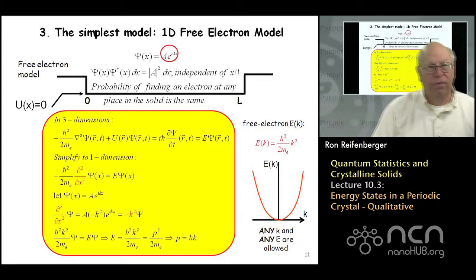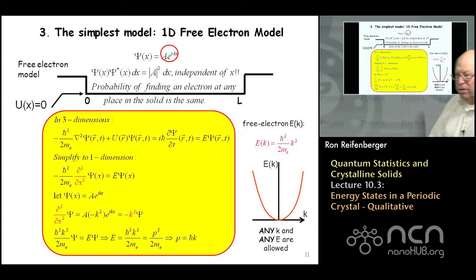The virtue of the free electron approximation, or the free electron model, is indicated in this slide. The arithmetic is pretty easy to work through. You write down a free electron wave function which contains this e to the ikx. You immediately realize that the probability of finding the electron in a region dx between 0 and L is a constant number a squared.